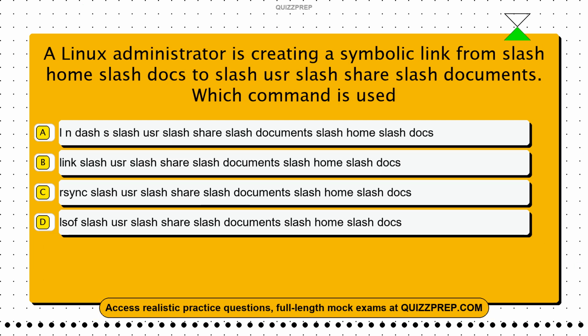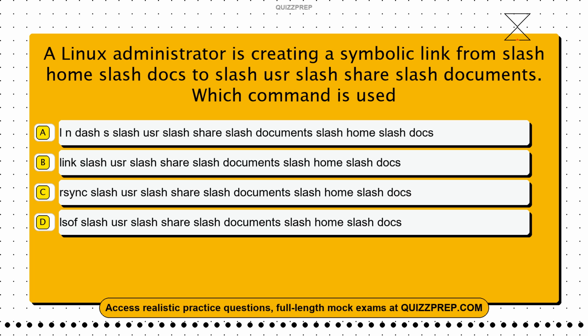Question 110. A Linux administrator is creating a symbolic link from /home/docs to /usr/share/documents. Which command is used? Option A. ln -s /usr/share/documents /home/docs. Option B. link /usr/share/documents /home/docs. Option C. rsync /usr/share/documents /home/docs.